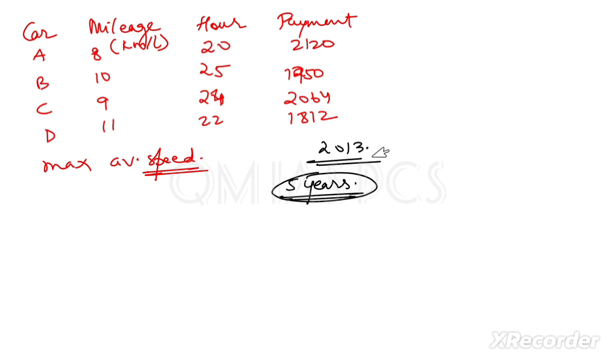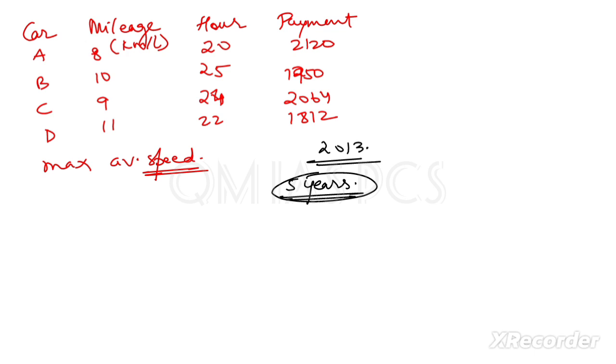Because the CSAT pattern is changing very fast. If you see the last 3 years, it's more logical. Earlier when it started, it was more calculative. Now it's more logical. Still, if you have time and patience, you can solve 10 years of questions. That's no problem.